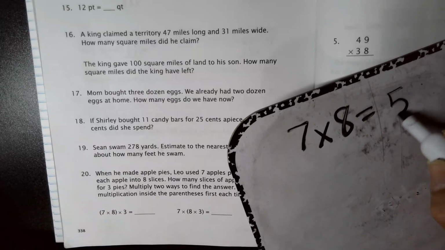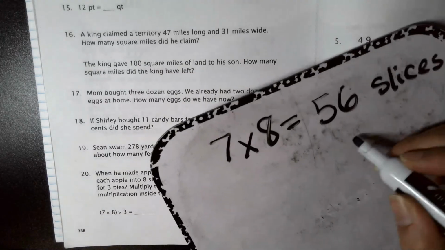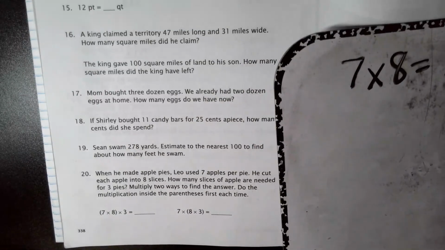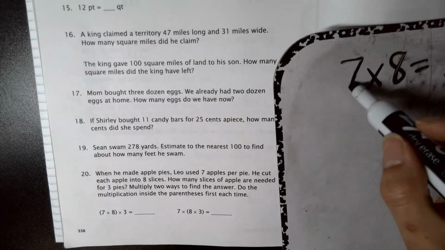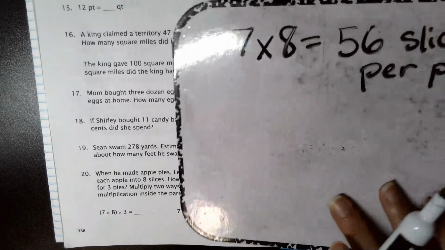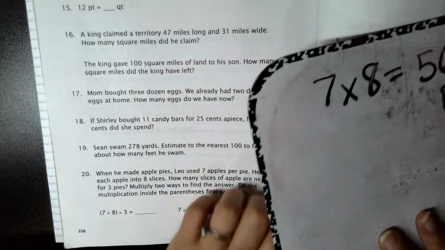So then that would be 56 slices per apple. I mean per pie. Okay, so 7 apples per pie and 8 slices from each one of those apples. That becomes 56 slices of apple per pie. And then they ask how many slices of apples are needed for 3 pies.